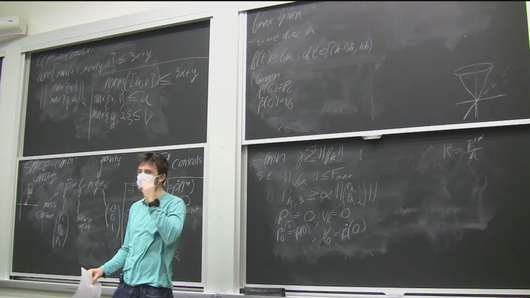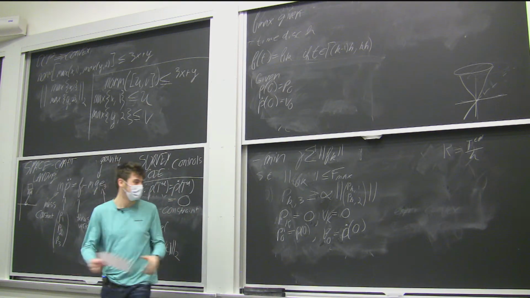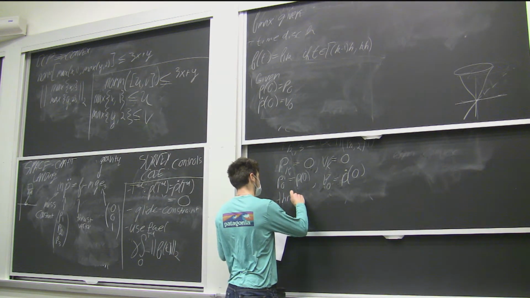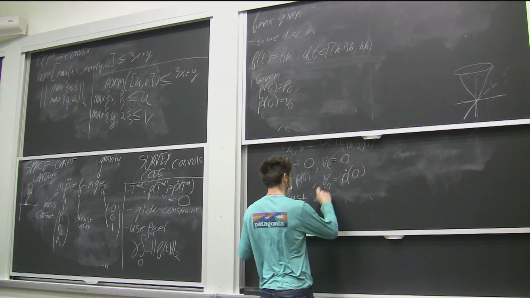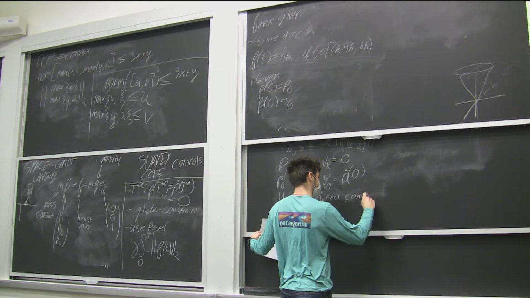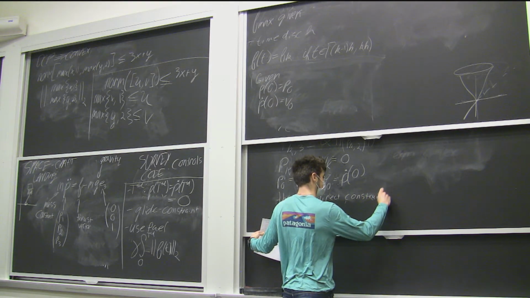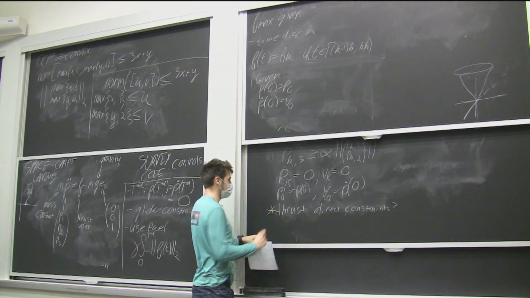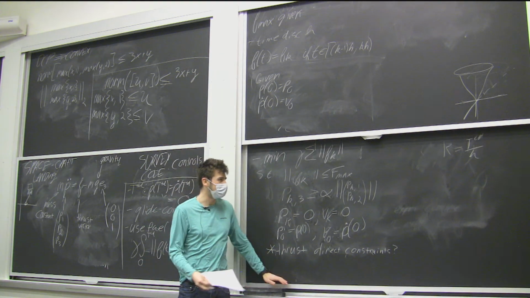That's actually probably a very important constraint that you should include. So we're going to do thrust direction constraints. This is probably important, but I don't have the equations for that offhand.